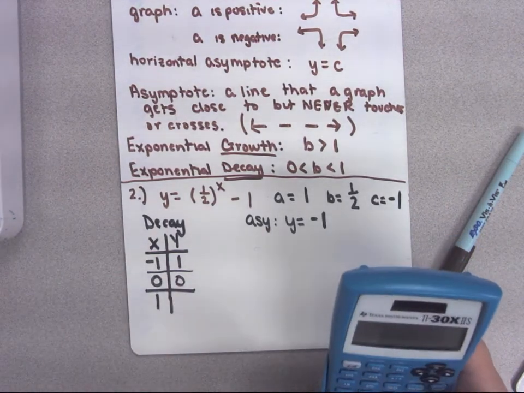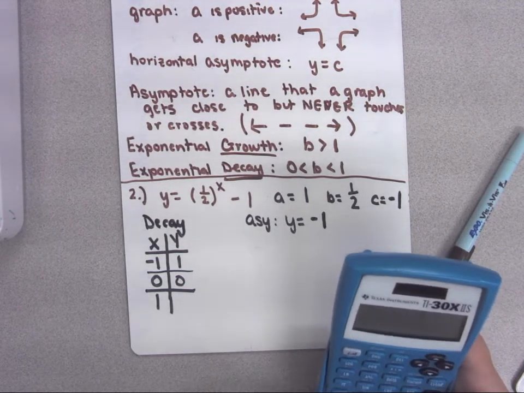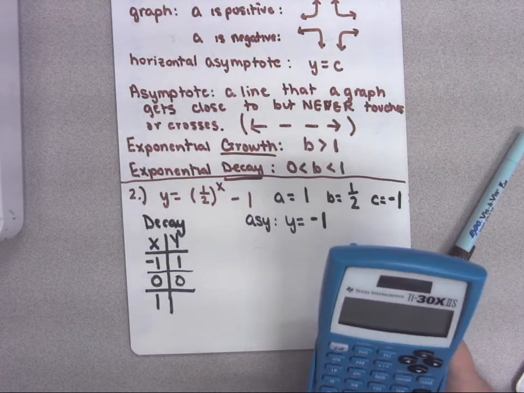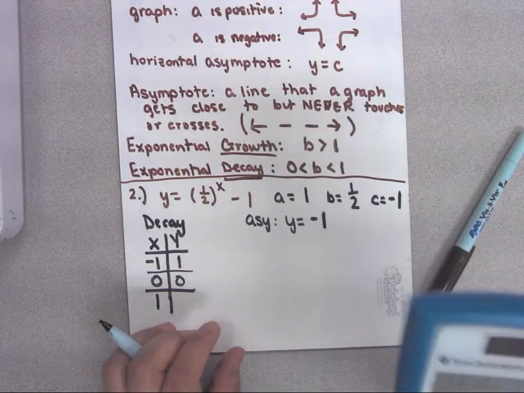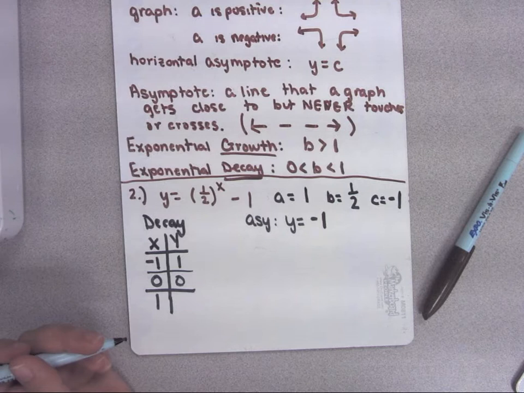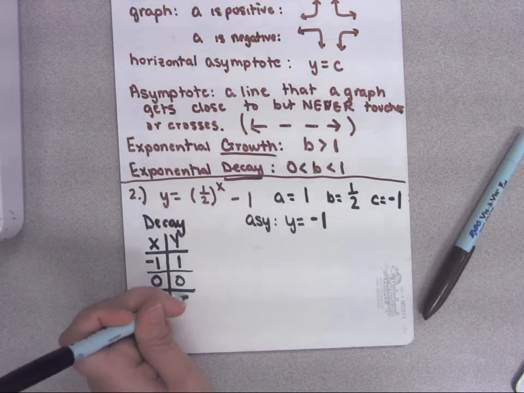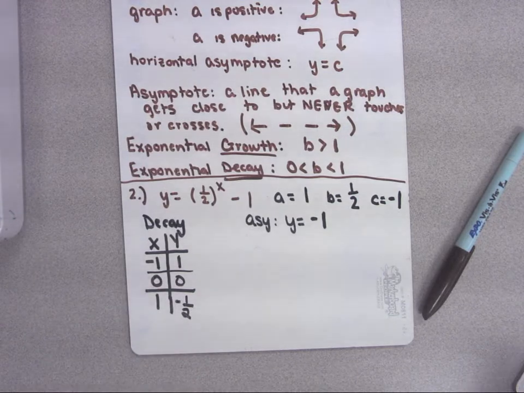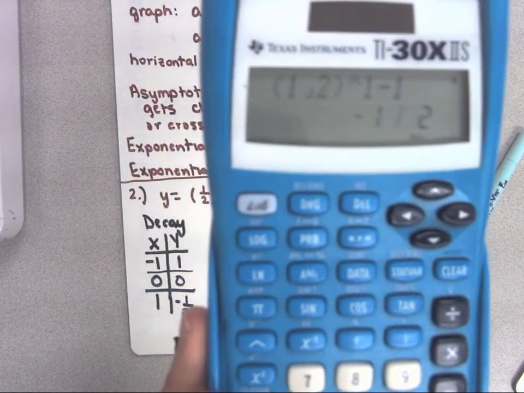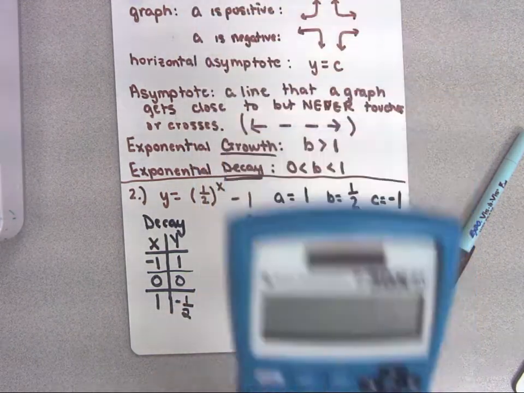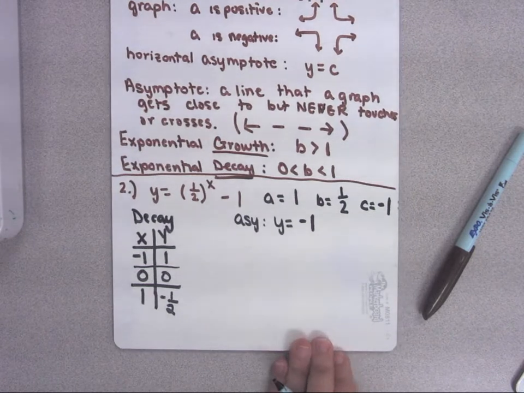To the last one. What'd you get? I got -1/2 or -0.5. Mine actually put it in fraction for me because it's in fraction form. If you want to write it as -0.5, that's fine, but I wrote it as fraction form.